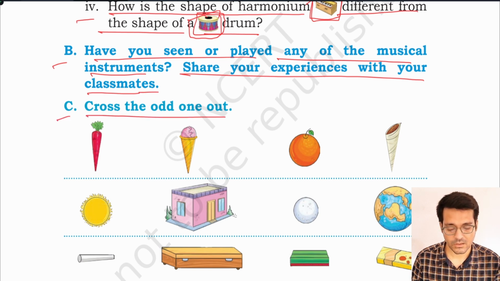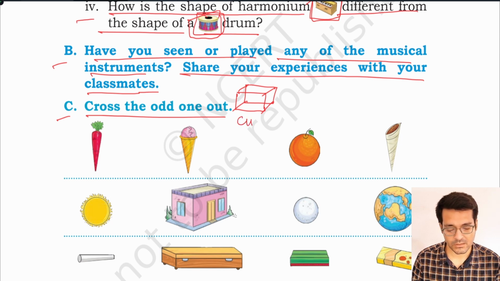C. Cross the odd one out. To do this question, let's know some of the shapes. For example, this is a box-shaped thing made up of 6 faces. You have seen this kind of thing, such as your bathing soap or your pencil box.